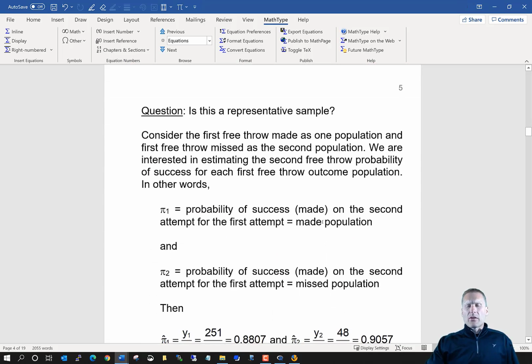So question, is this a representative sample? Well, this data came from two of Larry Bird's seasons. As long as Larry Bird was consistent throughout his career, and he essentially was, except at the very end when he was injured, this would be representative, even though it is not a random sample.